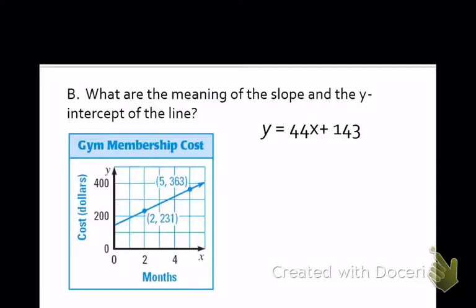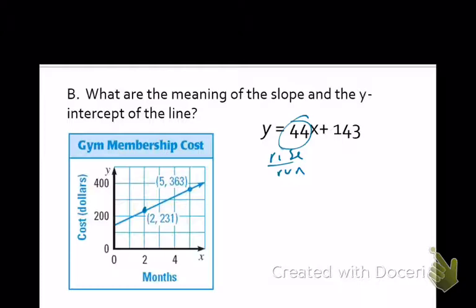Well, the slope is supposed to tell you rise over run, right? But we need to add context to this, right? So from this point to this point, it tells you how far to go up and then how far to go over every time. So if your slope is 44 over 1, that means that every time we rise 44, we have to run 1.